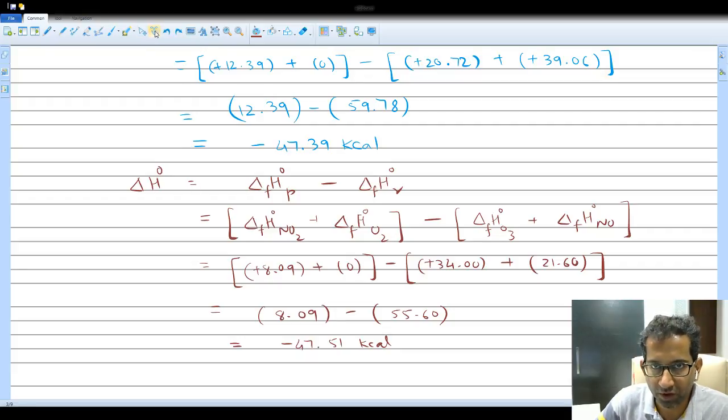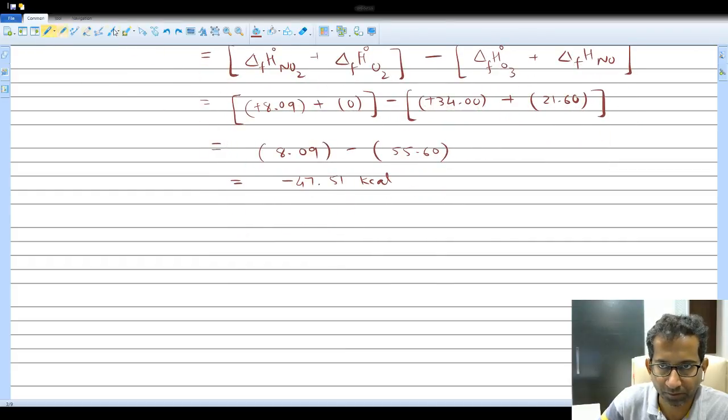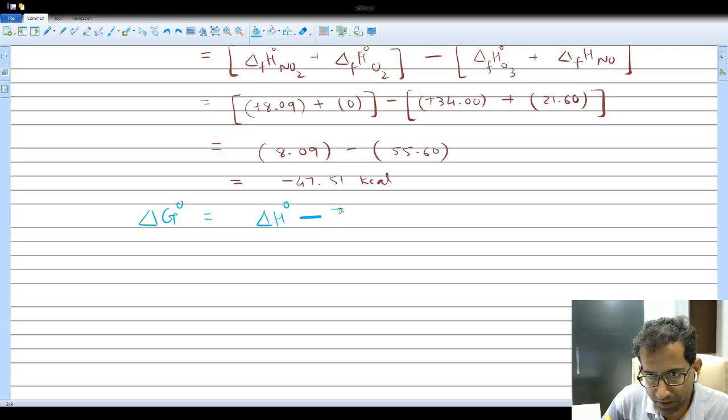Now as we have both the values, we can substitute in the formula. That is delta G0 equals delta H0 minus T delta S0. Delta S0, rather T delta S0, is delta H0 minus delta G0.